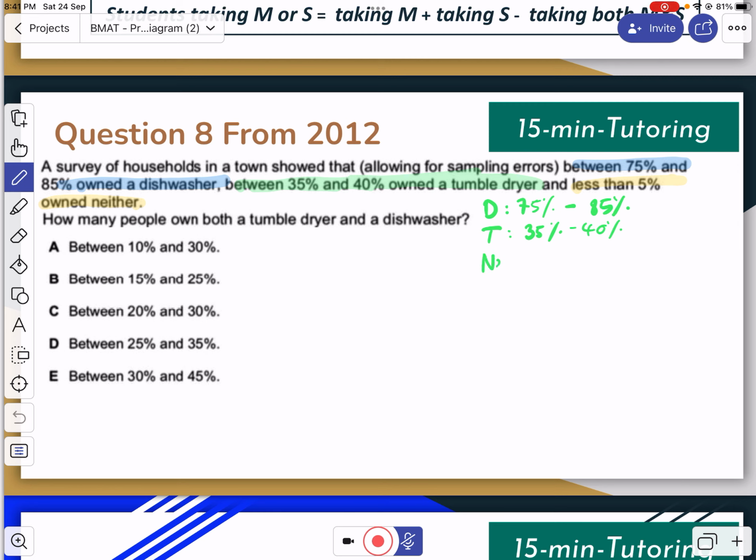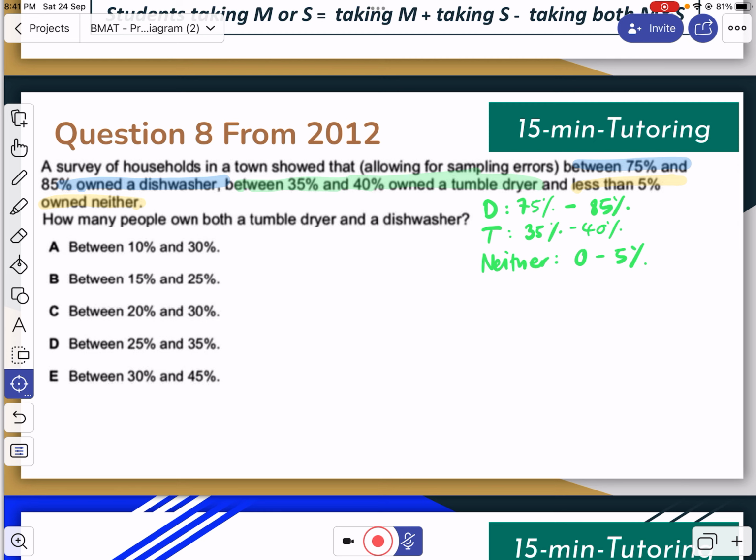And finally, for neither, you have less than 5%, that is 0 to 5%. So, we are given information in range. And if you look at the answer choice, they are in range between 10 and 30%.